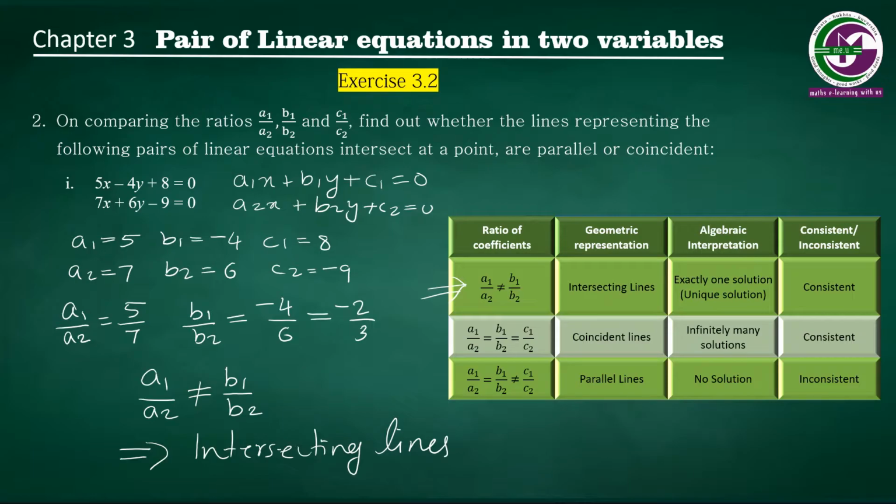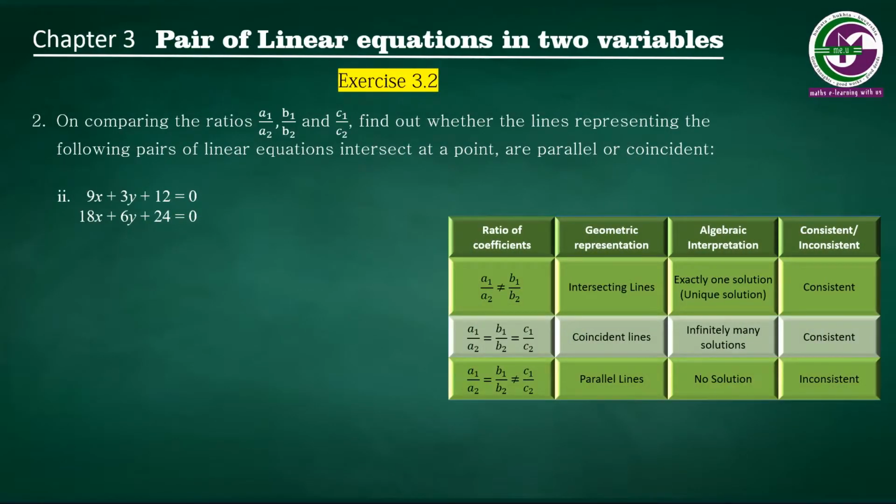The second sub question is 9x plus 3y plus 12 equals 0, 18x plus 6y plus 24 equals 0. So here we can write down a1, a2, b1, b2, c1, c2. Here a1 equals 9, b1 equals 3, c1 equals 12, a2 equals 18, b2 equals 6, c2 equals 24.